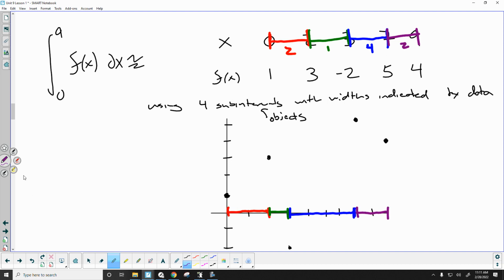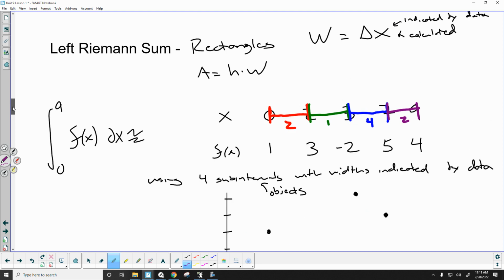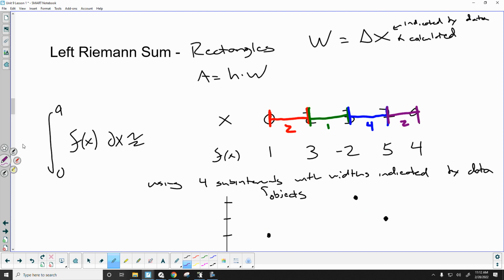All right, so we have the width of all of the rectangles. Now we just need the height. The height is going to be determined by the y value at the leftmost point of the interval. Or more simply, the y on the left.